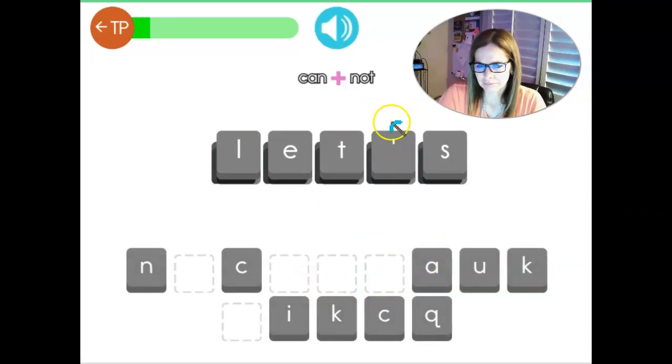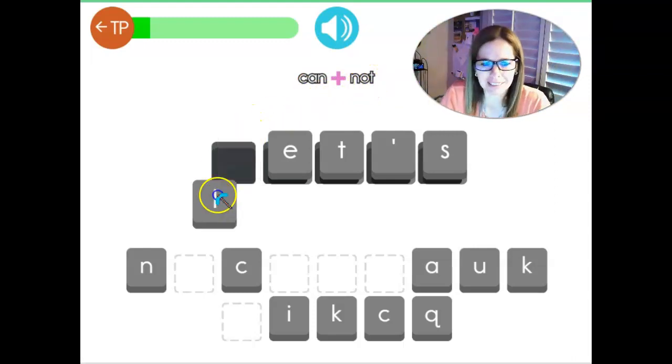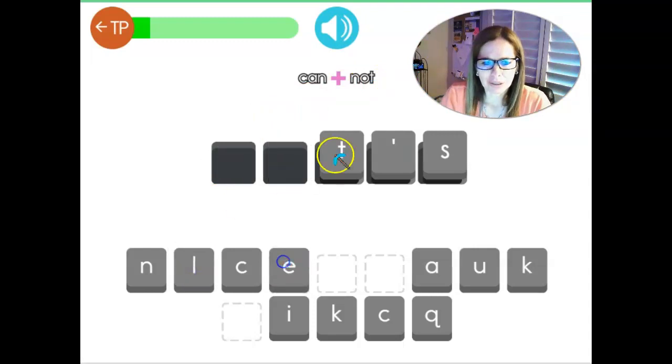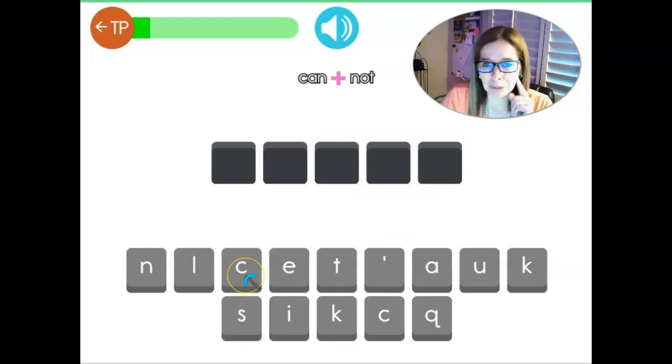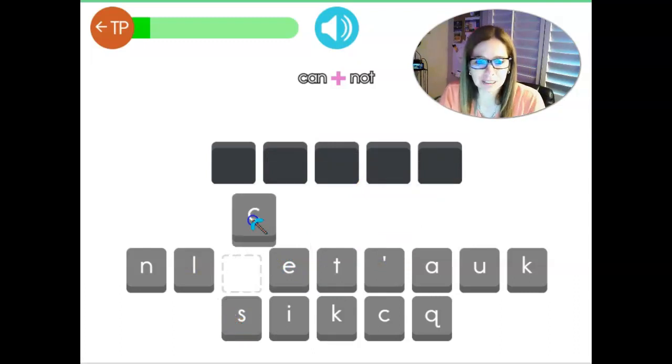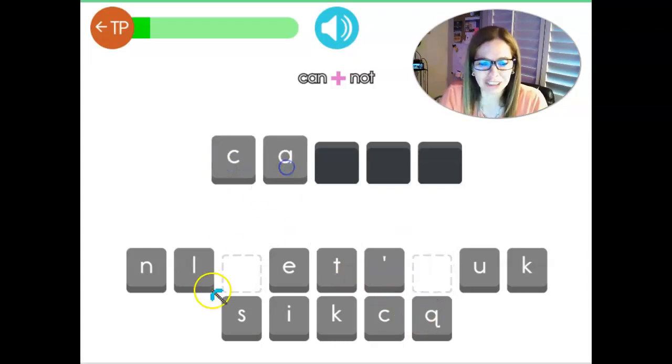Can't. They show me here that can't is can and not. Those letters are going to come together so fast that some letters are going to pop out and that apostrophe is going to take their place. So let's clear our slate and then let's together spell can't. First thing I'm going to spell is can, because the first word in a contraction is there.